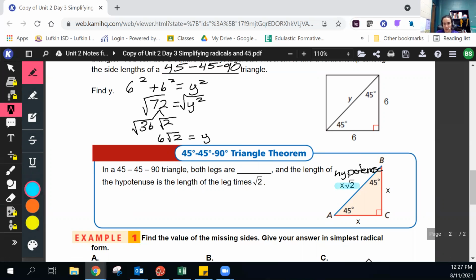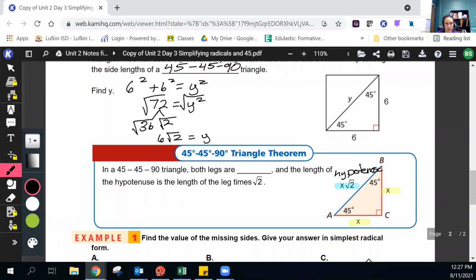So I'm going to label it as x times the square root of 2. And my other two sides are both x. My two legs are both x in a 45, 45, 90 triangle. So again, label, label, label. Label your hypotenuse; tell me that it's x times the square root of 2. Label your two legs; tell me that they're x.